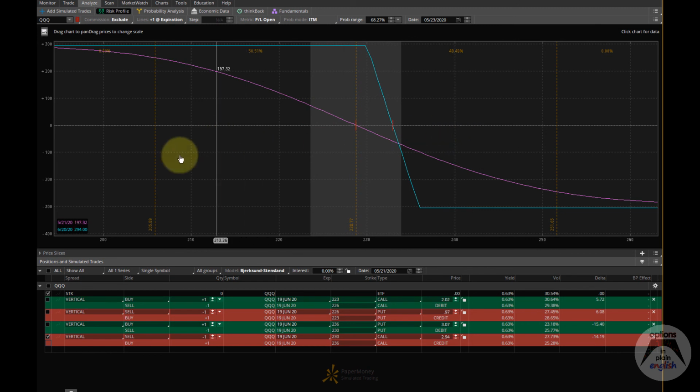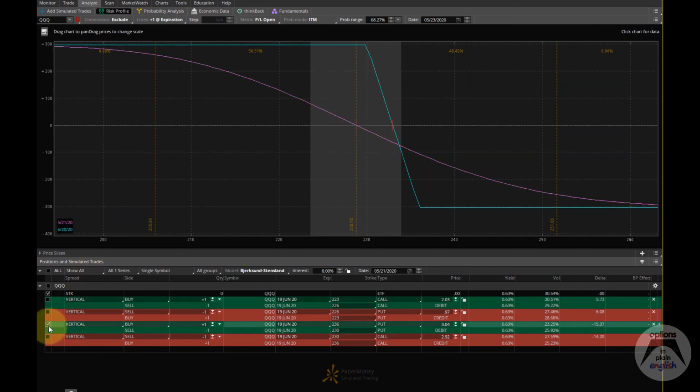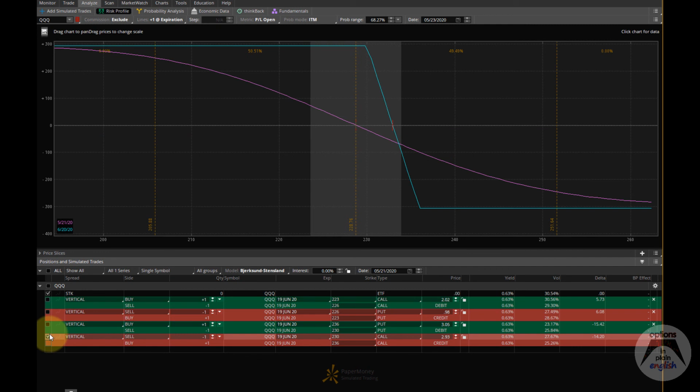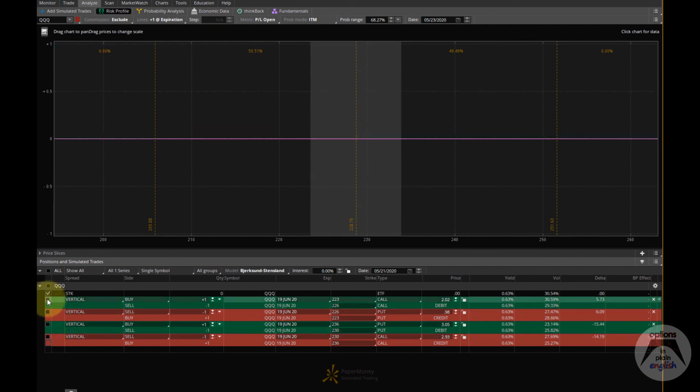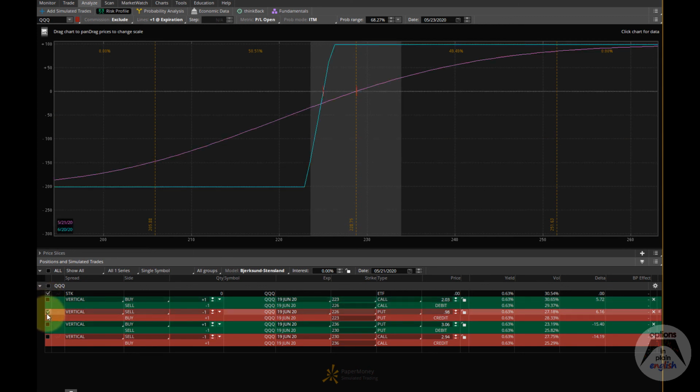So this is the exact same trade as the long put spread. So long put spread and short call spread are the same trade. And long call spread and short put spread are the same trade.